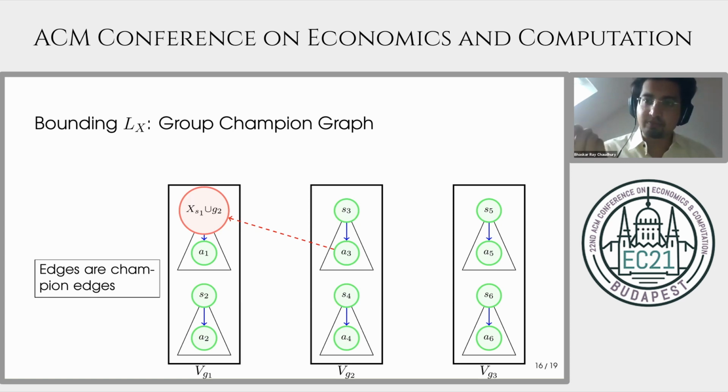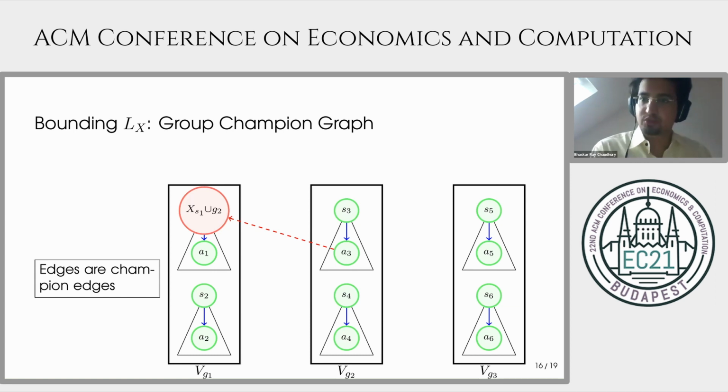So if I give G2 to any one of the sources, let that be S1, S2, or S5, S6, the agents who will envy this would be the agents that find the good G2 valuable. Why? Because we are in the 1 minus epsilon EFX setting. As a result, for you to champion these bundles of the form XSI union G2, you need to find G2 valuable. If you don't find G2 valuable, you're not even going to envy this in the approximate envy setting.